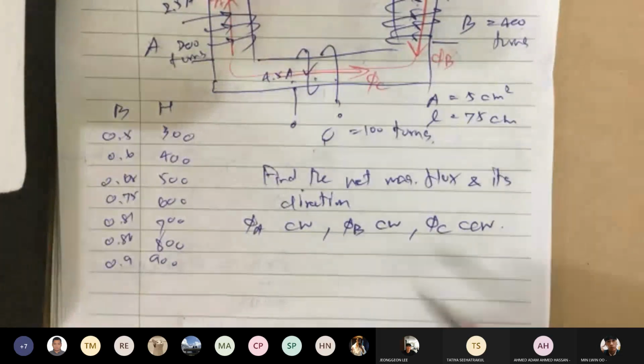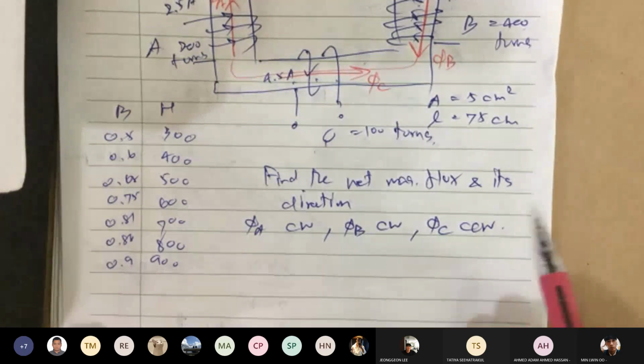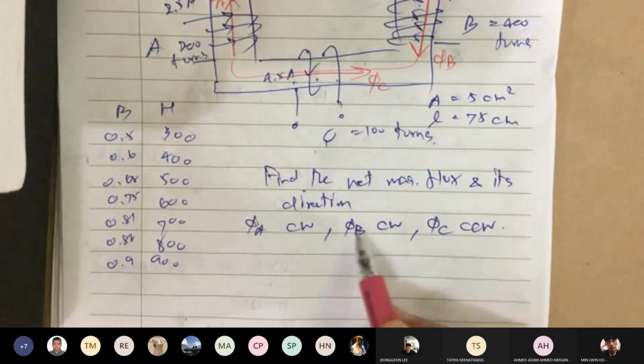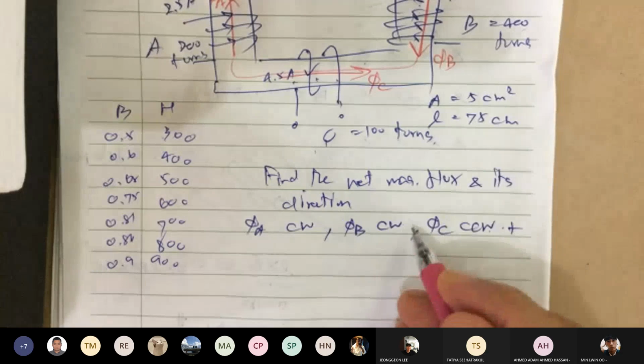Okay. Now you can use the notation on your own, but you've got to be consistent. So let's assume, I'm going to do what we started with in class: counterclockwise positive, clockwise negative.